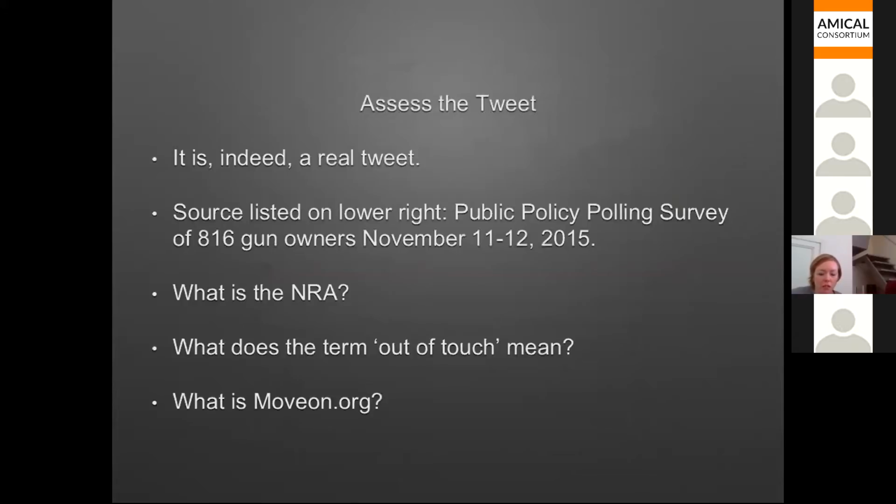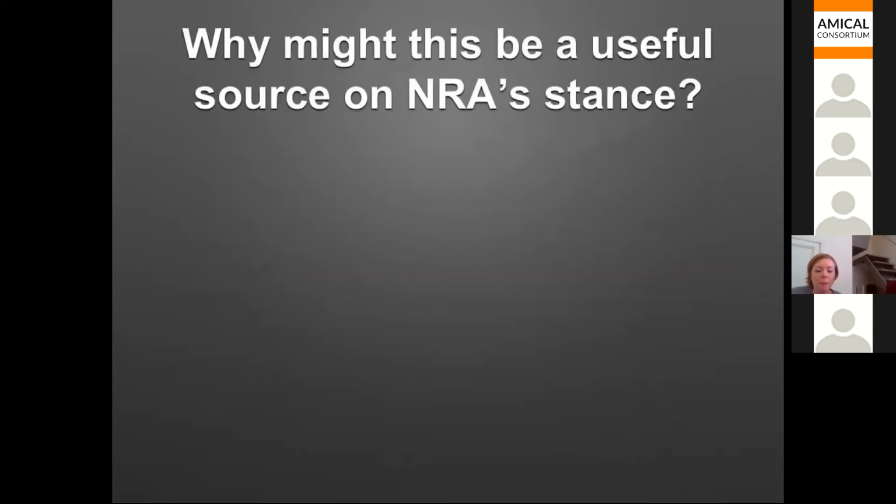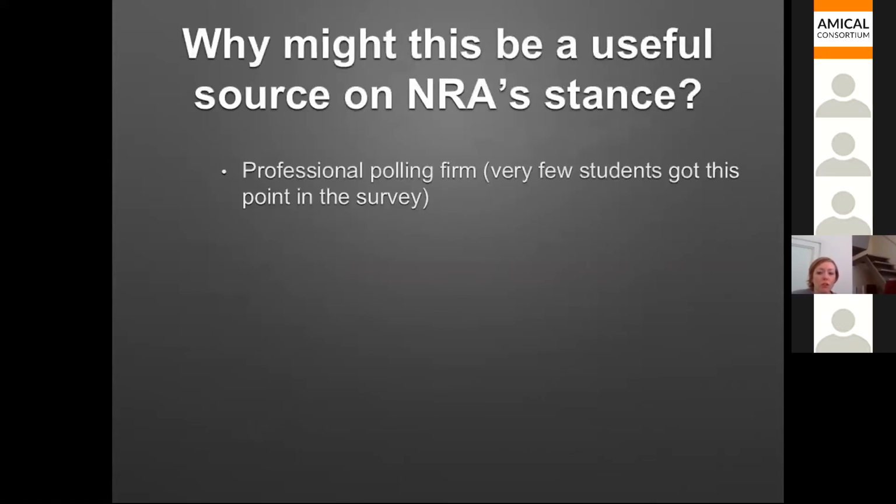We talked about what is the NRA, what is out of touch, because that's idiomatic, so I needed to explain that. What is MoveOn? So then the question is, is this tweet useful? And why might this be a good source to use?